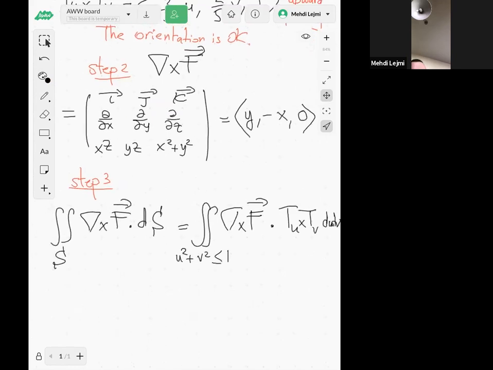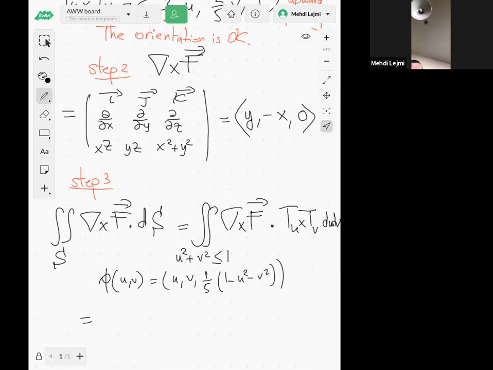Remember the parameterization phi of u, v: we said u, v, and then z is 1 minus u squared minus v squared over 5.